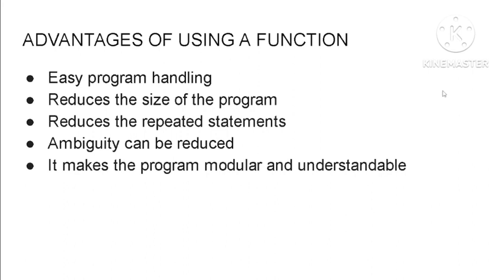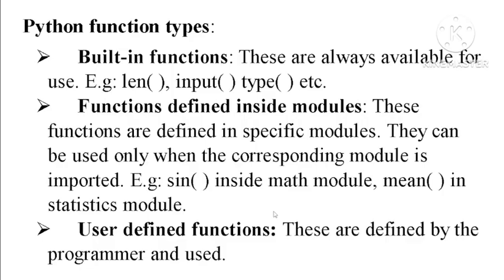Instead of repeating the code, it reduces the repeated statements. You need to do it only once. Ambiguity can be reduced. If you repeat the same set of statements in your project, you just give it once, so ambiguity gets reduced. It makes the program modular. You divide your entire program into modules, so the program is also understandable by anyone who looks into it.